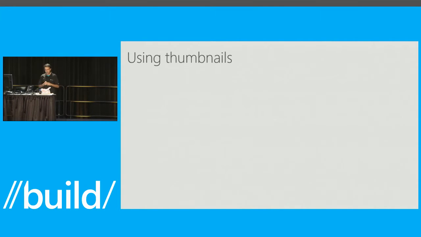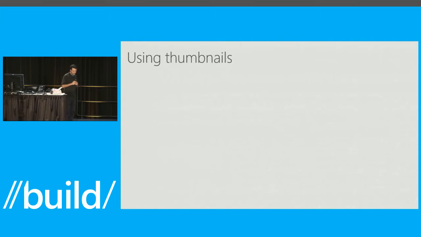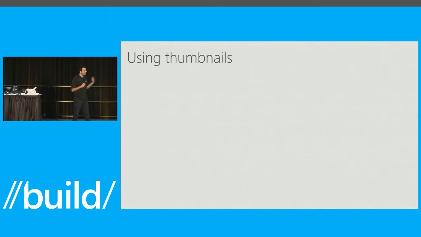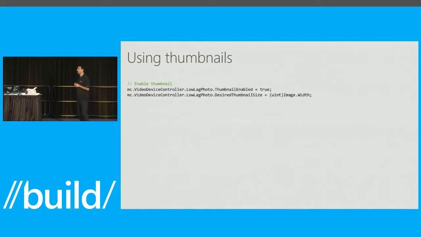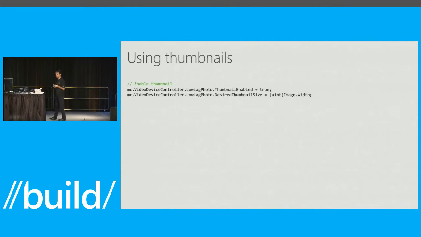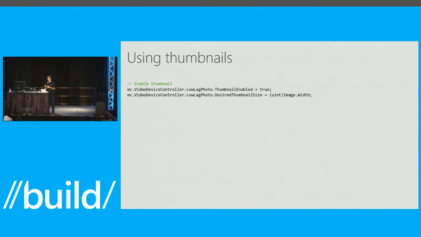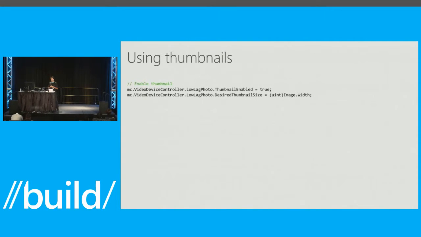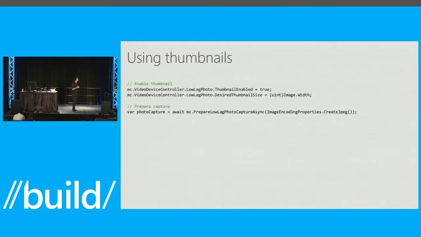OK, so one other functionality that we have that is useful for photo sequence, but in general useful, that we added in 8.1 is thumbnail support for images. And the way you would enable this is it just lives off of the photo, and you just turn the thumbnail enable to true. You specify a size for the thumbnail. In this case, it's the width of my image.